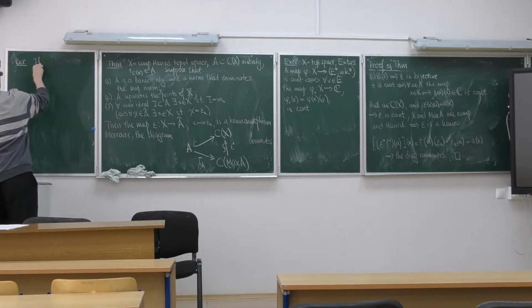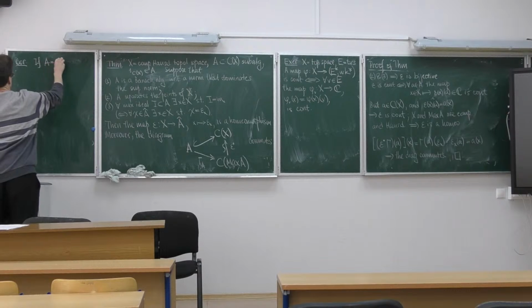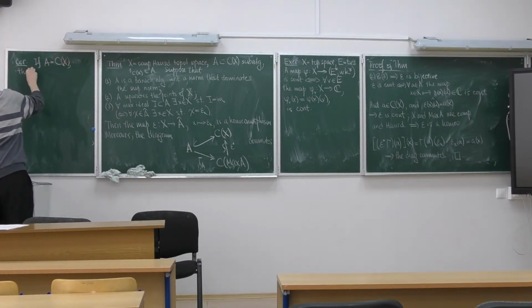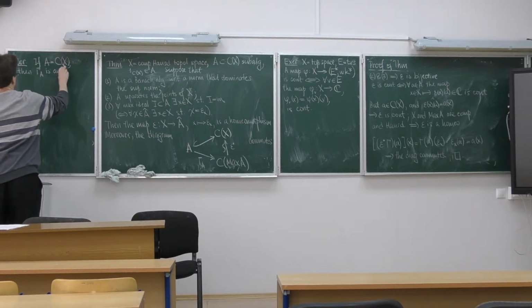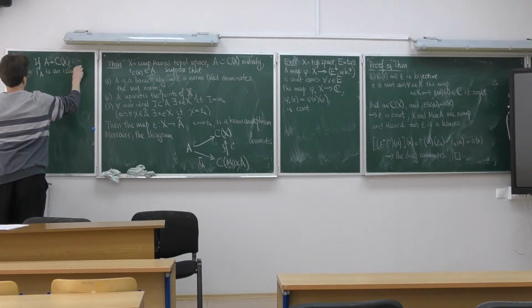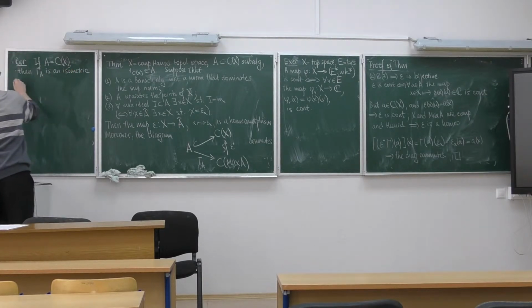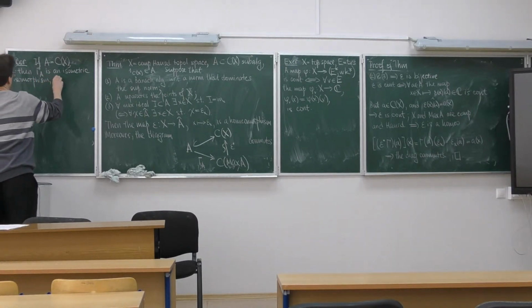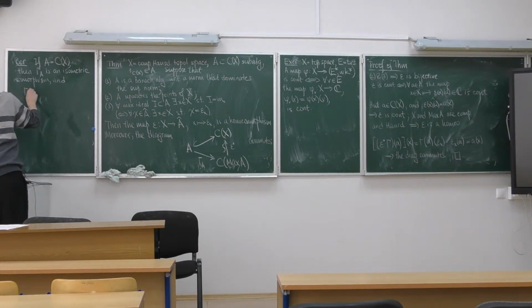If A is C of x, where x is a compact Hausdorff topological space, then gamma is an isometric isomorphism, and the inverse map is just epsilon dot.